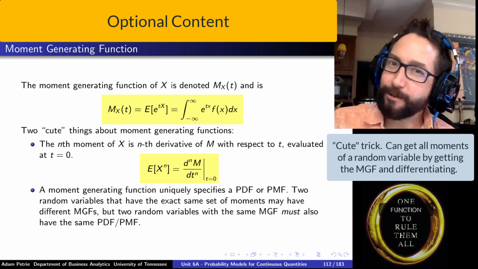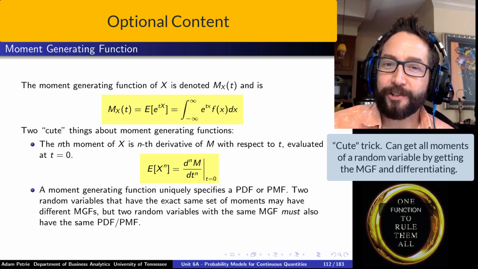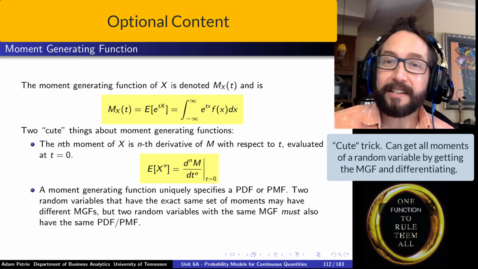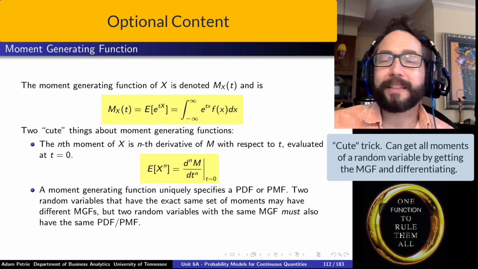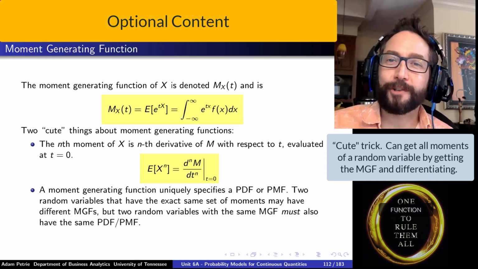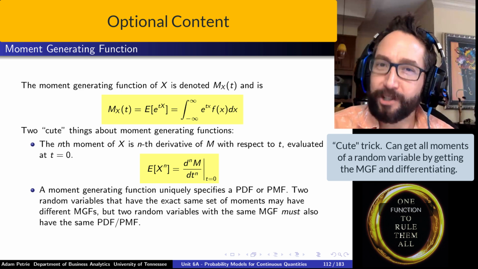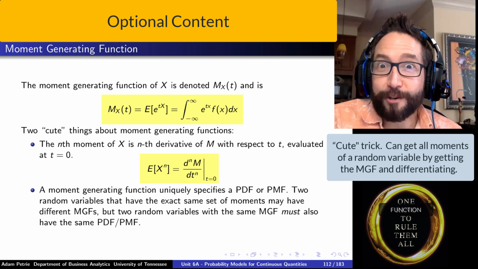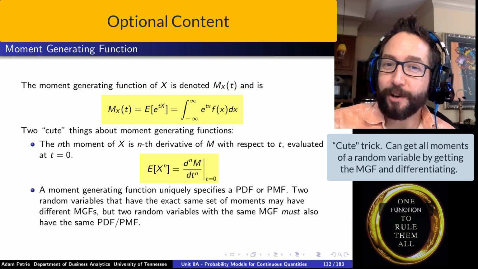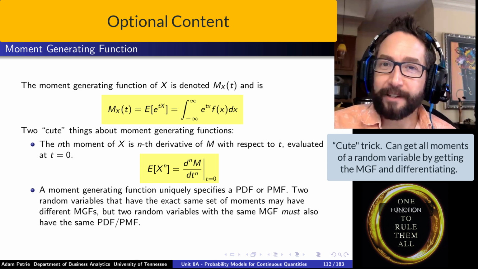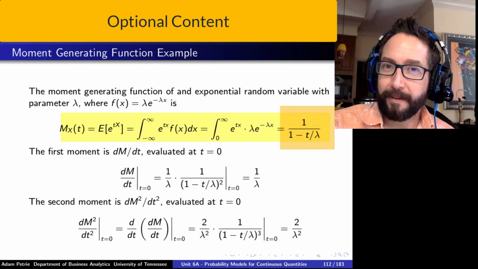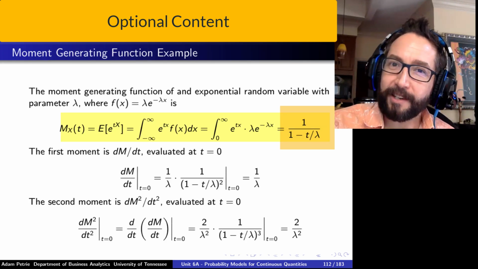So the very special function that we want to look at is the function e raised to the t times x power. If we get the expected value of this function, this is what's known as the moment generating function because it generates moments. How does it do so? Well, after you do that integration, you're going to get a function that involves the variable t. And so here's kind of the cute thing that you can do.